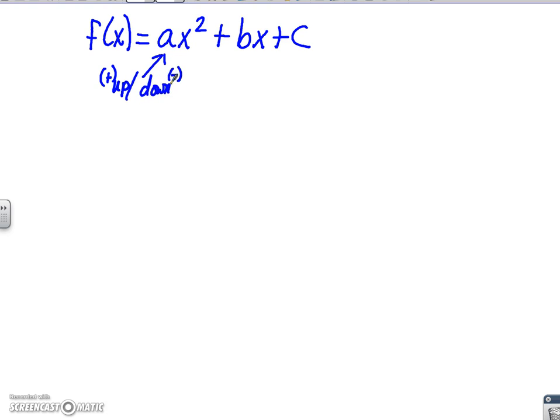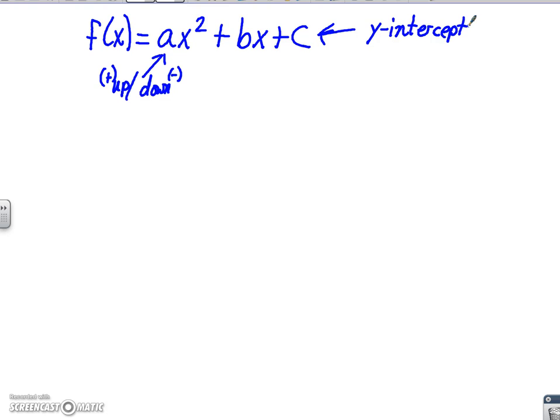It tells us how wide our graph is. This c value, this constant, is our y-intercept. It tells us where it crosses the y-axis. We're used to that.